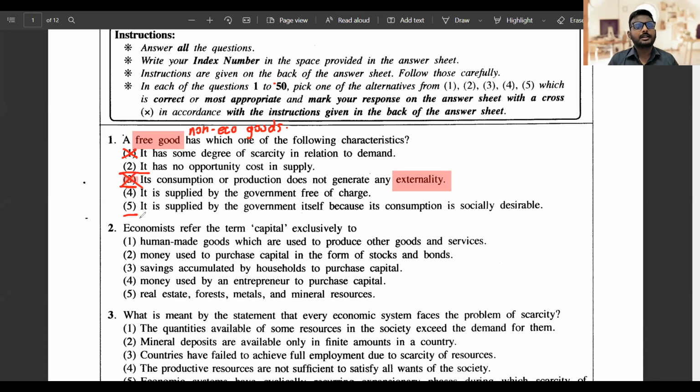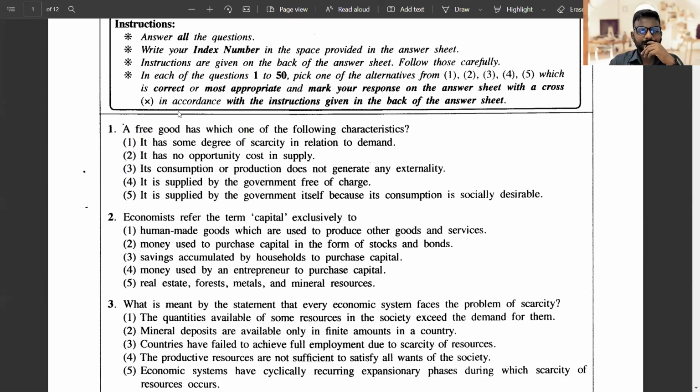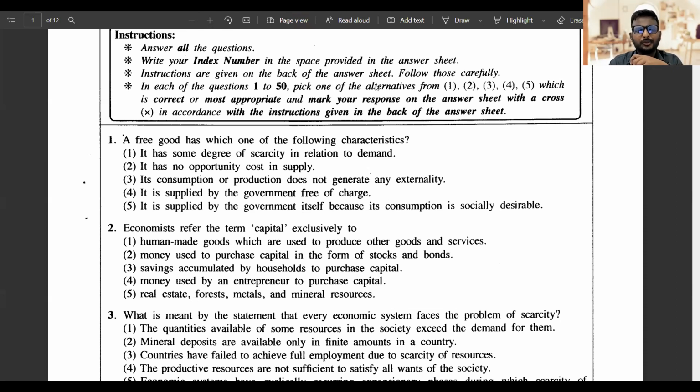And this question, how many times have you done this by now? In your A-level 1 year or 2 year experience, a question like this, how many times have you done? Just more than 2-3 times.